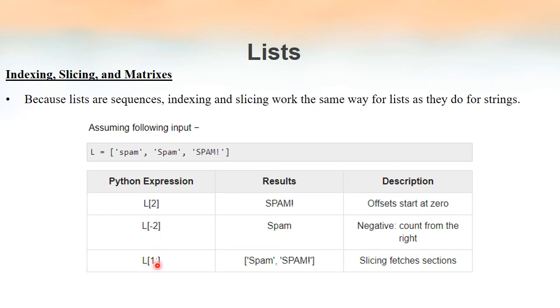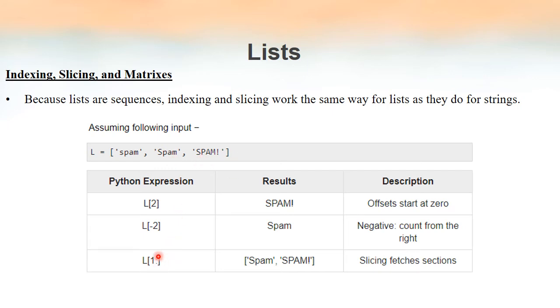And when we use L of 1 and colon, we have not specified up to which index number we have to go. In that case, the starting index number is 1. So the element at index number 1 will be considered and it will go till the end of the list.